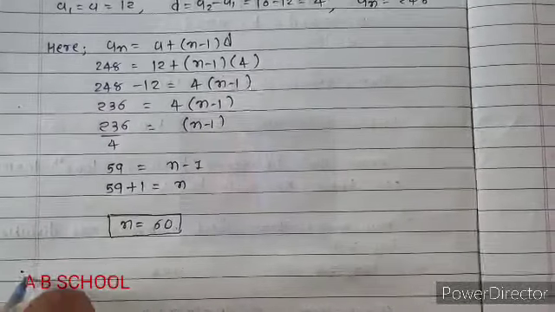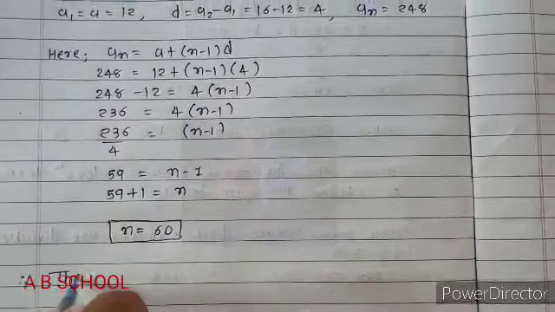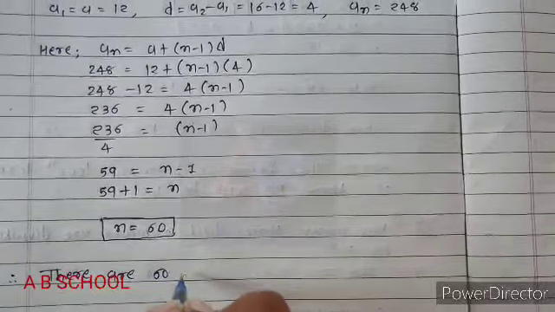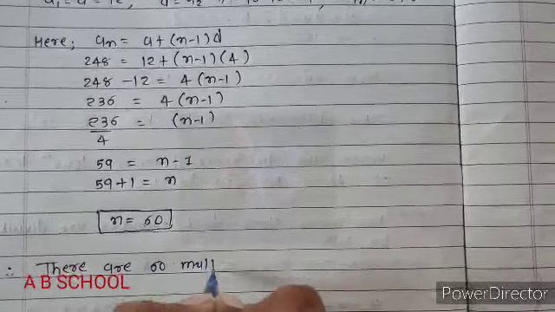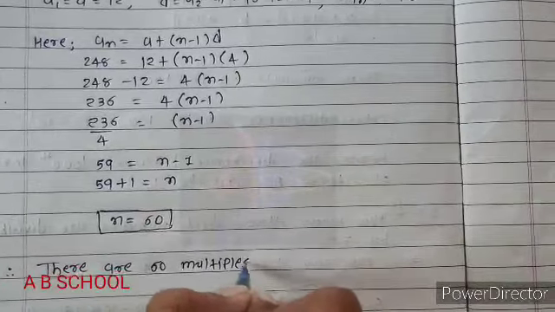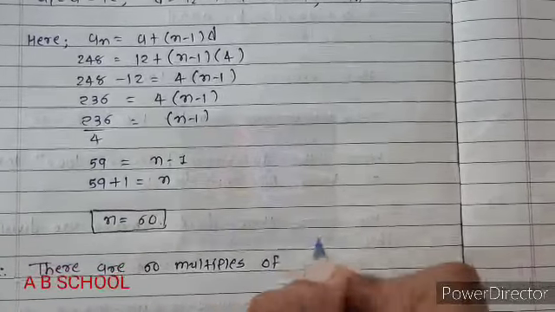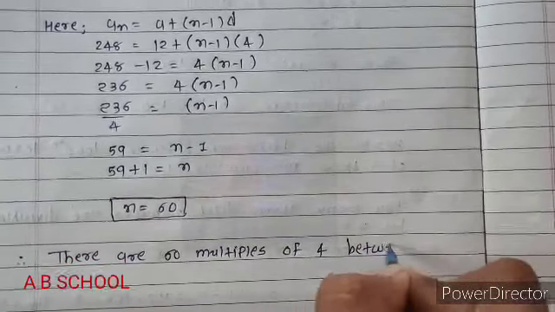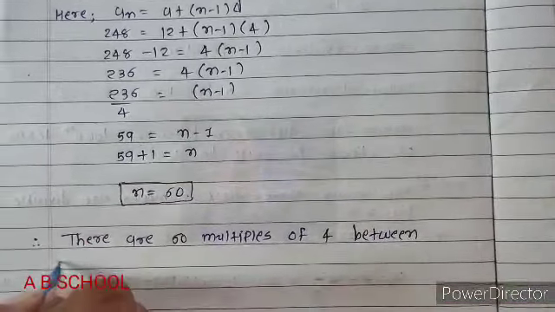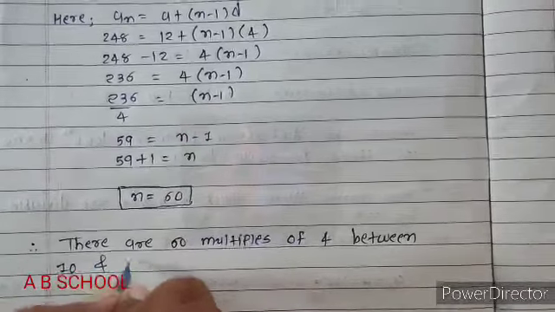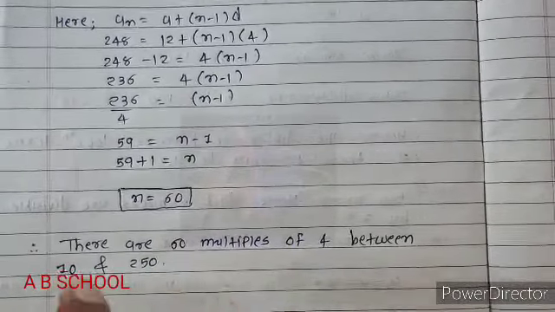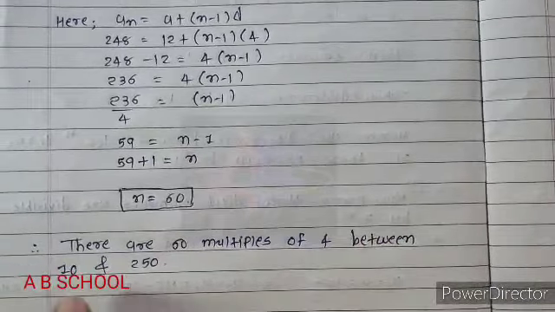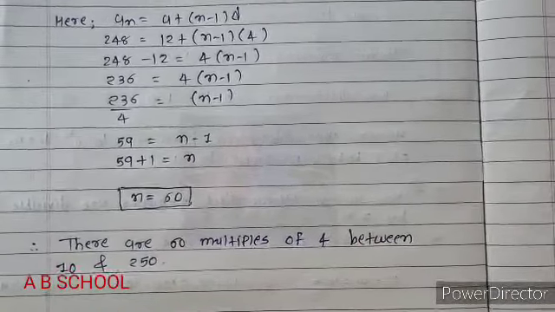Therefore there are 60 multiples of 4 between 10 and 250.